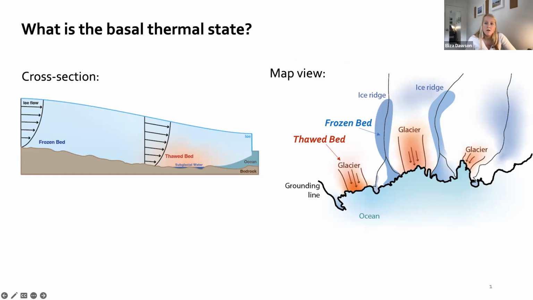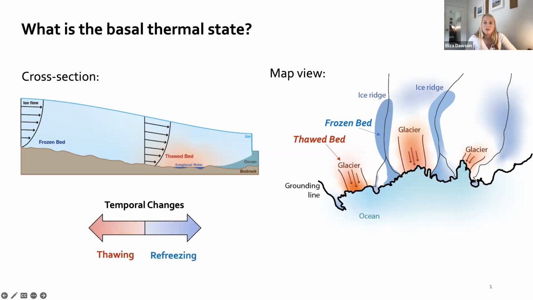If you now look at the temperature at the bed, it goes from a cold frozen bed where the ice is moving very slowly to a thawed bed at the point where ice is sliding over the bed and has reached the pressure melting point. Similarly, if you look at the map on the right, you can see thawed bed outlet glaciers near the ice sheet margin interleaved by these ice ridges characterized by having frozen bed.